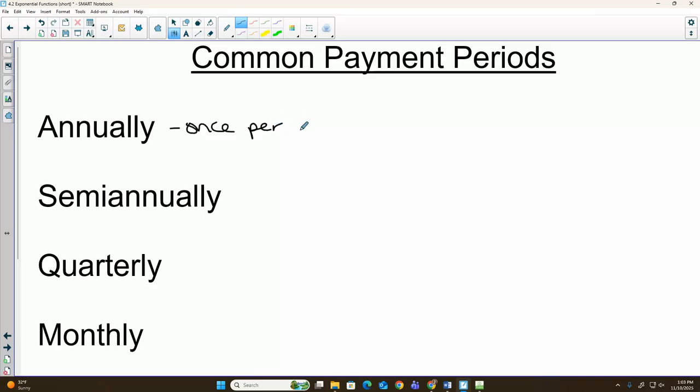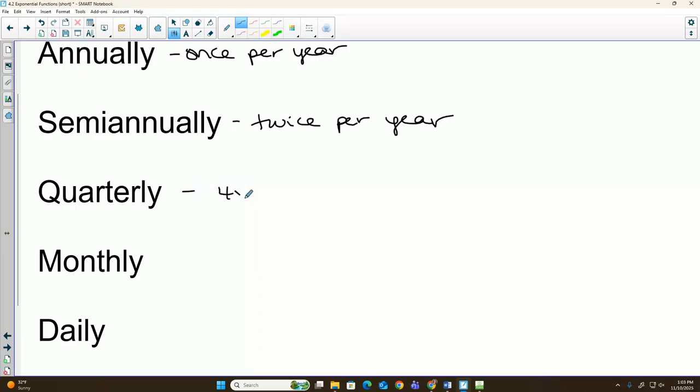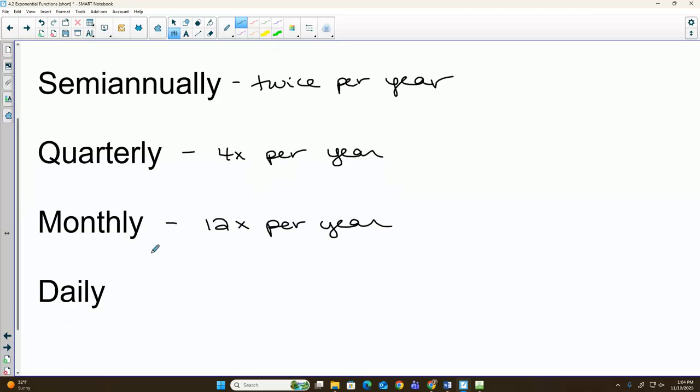What's semi-annually? What would quarterly be? Monthly? So once a month, so that would be 12 times per year. And the one that you'd be surprised how many people don't know, how many days are in a year?